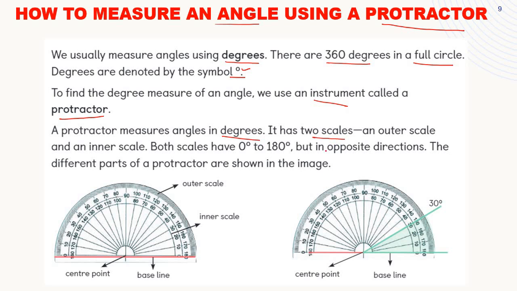How many scales are there in a protractor, children? Two scales. One is the outer scale and the other one is the inner scale. Did you see this tool, children? Where do we find this? In our geometry box. We use this protractor to measure angles in degrees.